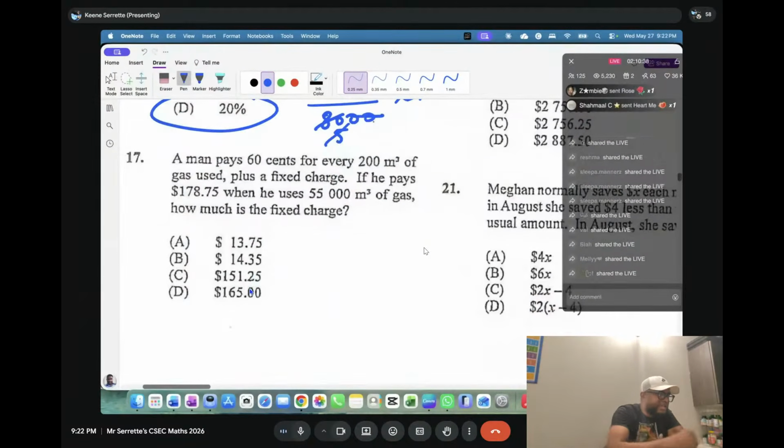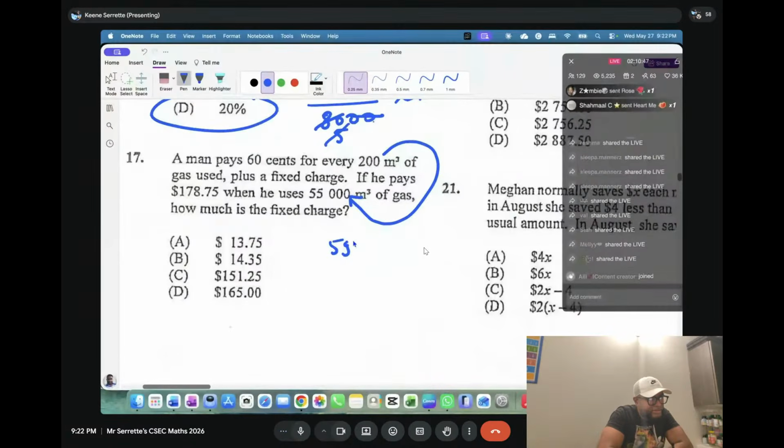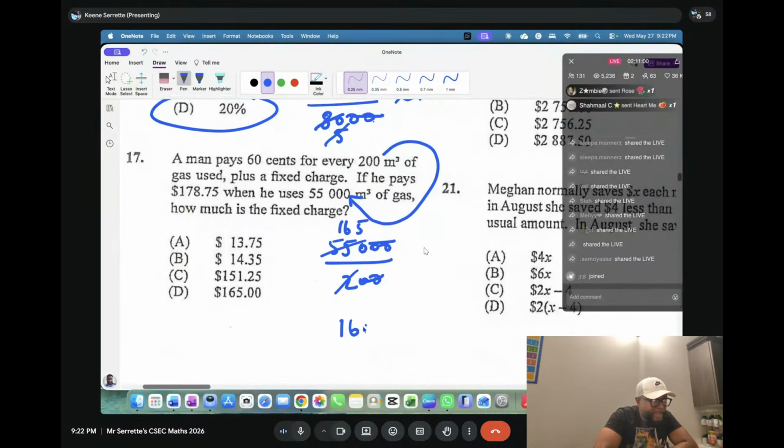A man pays 60 cents for every 200 meters cubed. We did this one last night. You need to find how much 200 meters cubed we have in this. How much we got? 165. Yeah, it was 165. And it's 60 cents for every 200 meters cubed. So it'll be 165 multiplied by 0.6. So you drop the decimal point, 60 cents is 0.6, multiply by 6.